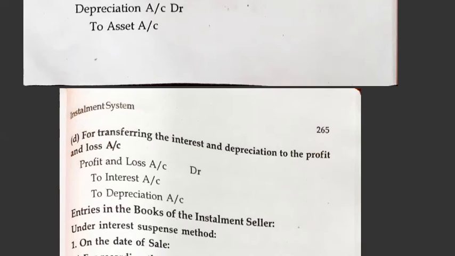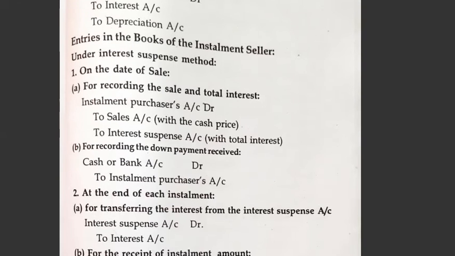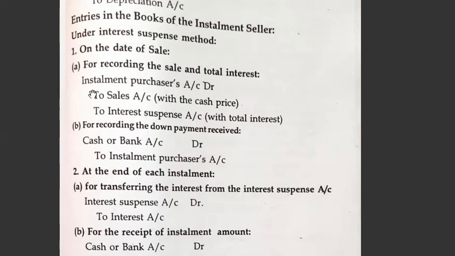Now in the books of the seller, we will see the entries on the date of sale. On the date of sale we have two entries to be passed for recording the sale: Installment purchaser account debit to Sales account and Interest suspense account.